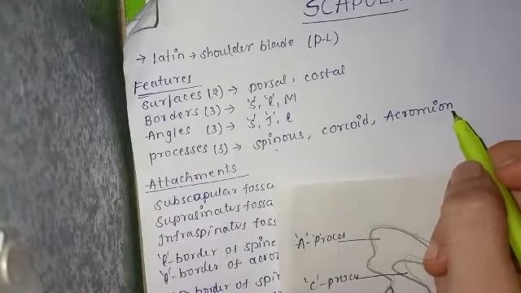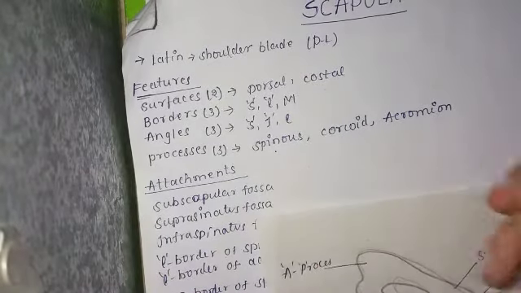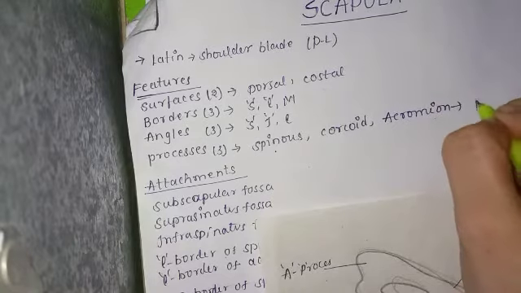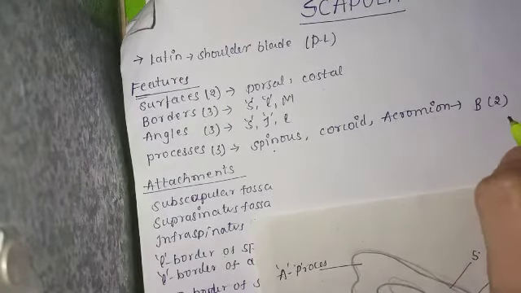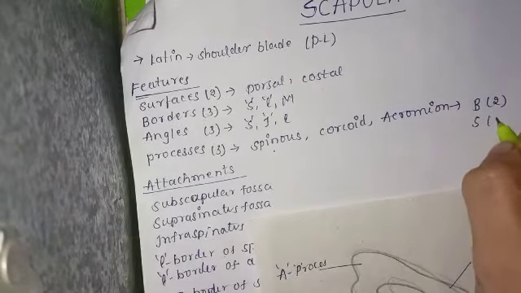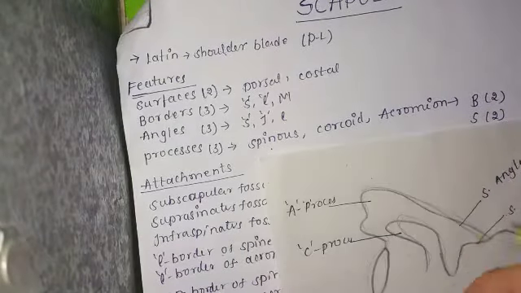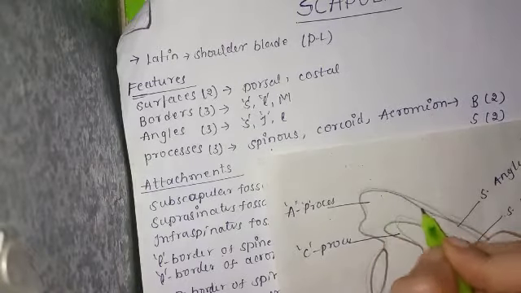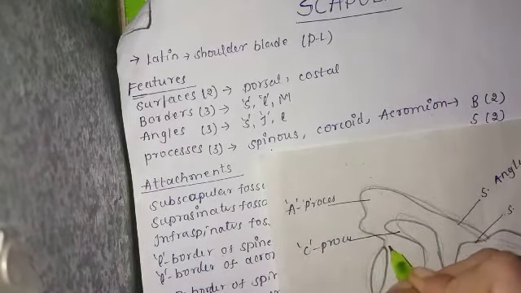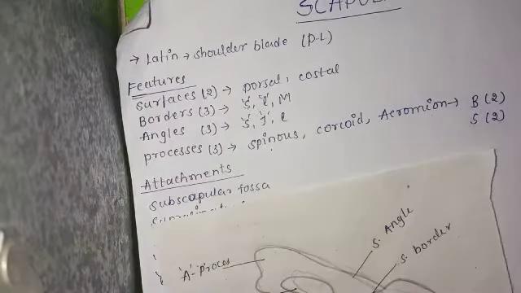Acromion process has mainly two borders and two surfaces. This is the acromion process. Now this is the medial border and this is the lateral border of the acromion process.